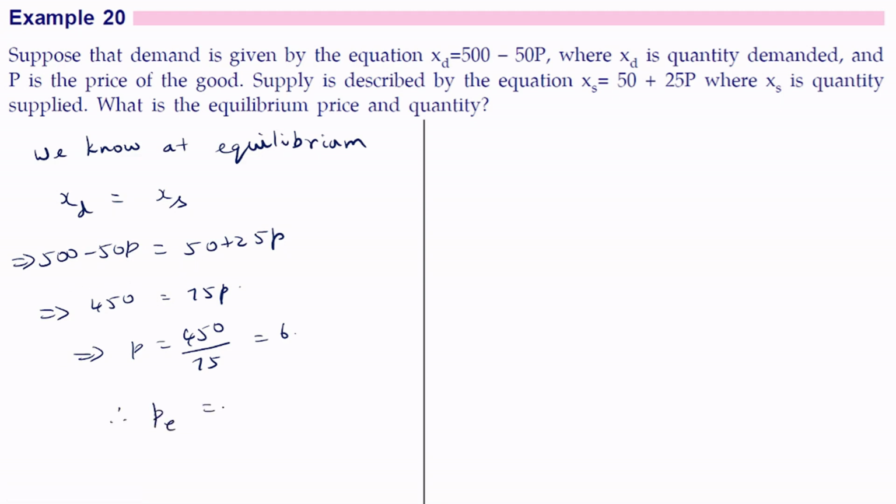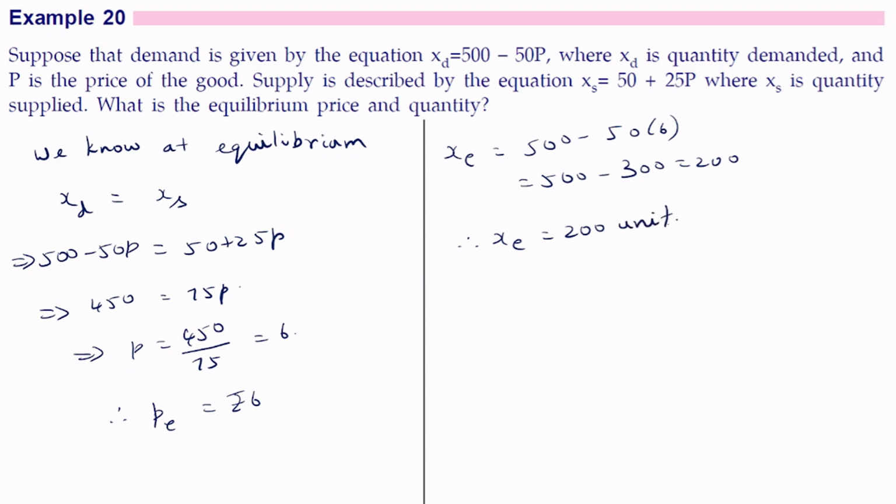Therefore PE, the equilibrium price, is rupees 6. And equilibrium quantity will be 500 minus 50 into 6. So it is 500 minus 300, which is 200. Therefore equilibrium quantity is 200 units. So this is the equilibrium price and this is the equilibrium quantity.